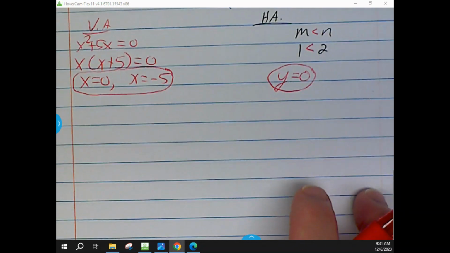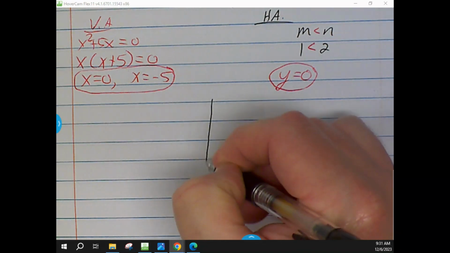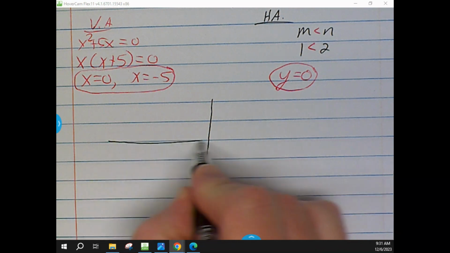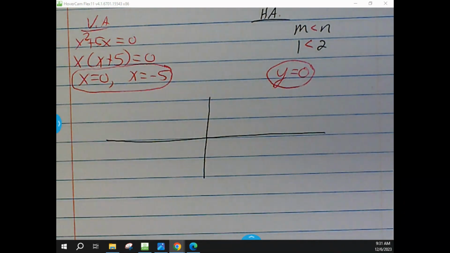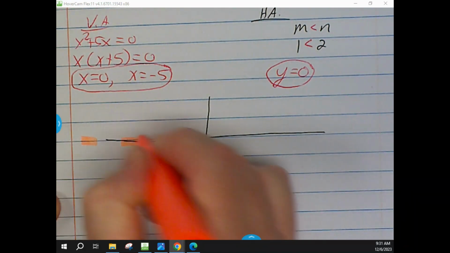Okay, so when we get ready for the graph on this one, good news is we've got the horizontal asymptote that is right on top of the axis, which is kind of good and kind of bad because it's hard to see it. So y equals 0 basically would be this.